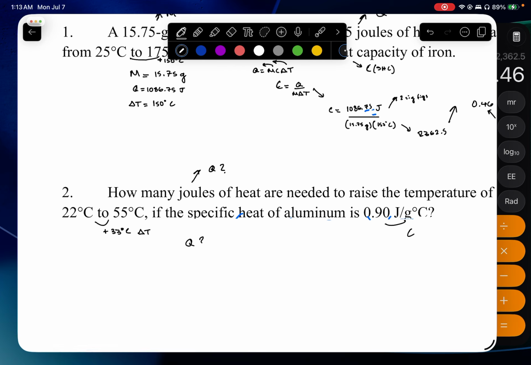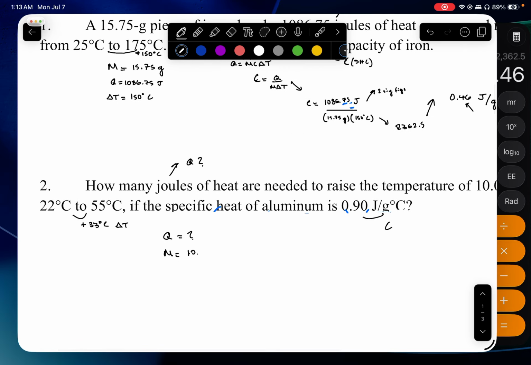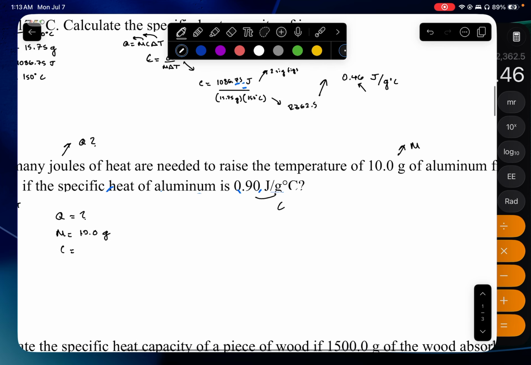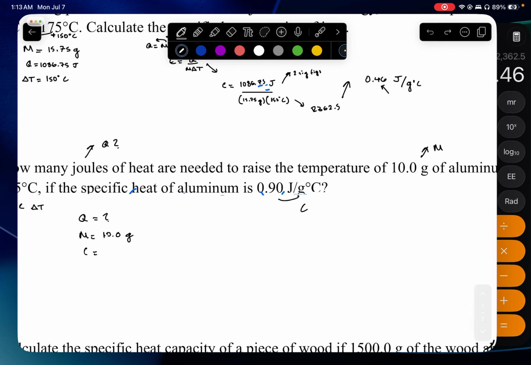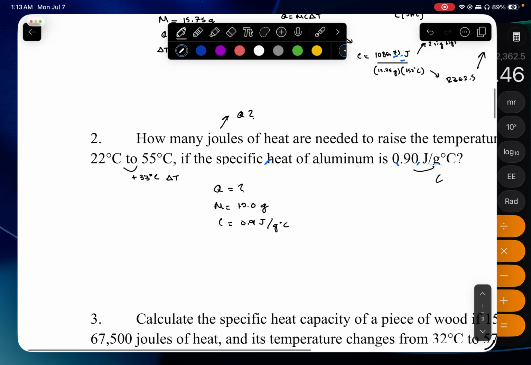Q is in question. M is equal to 10.0 grams. We need to know that because we need to always round to sig figs. And C is equal to 0.9 joules over grams times Celsius.